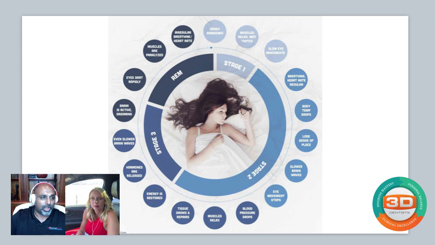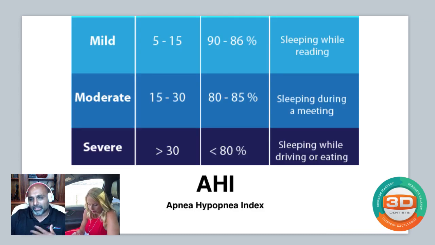So if we go back a slide here, and we'll take someone like myself. I'm a severe obstructive sleep apneic with an AHI greater than 30 when I'm unmanaged. So that means 30 times per hour, every other minute, I am having a sleep disturbance.